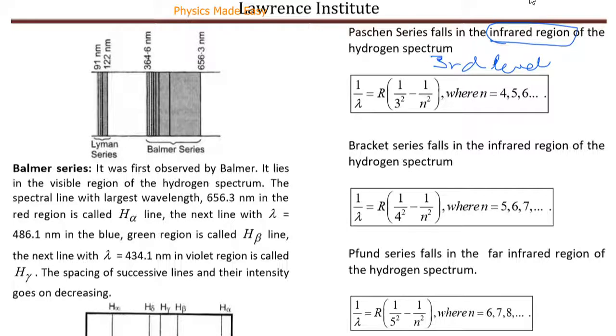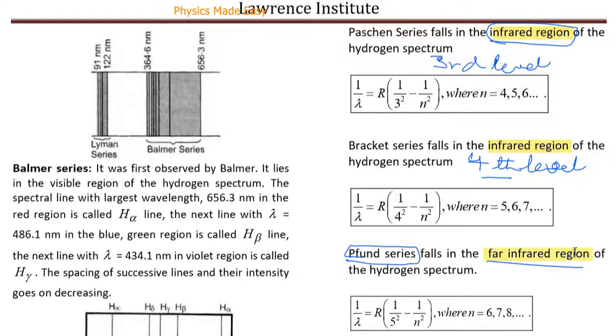And the next is Brackett series. In Brackett series, an electron from a higher level falls into the fourth level. And then we have Pfund series. Note, Paschen is infrared, and Brackett is also in the infrared region.